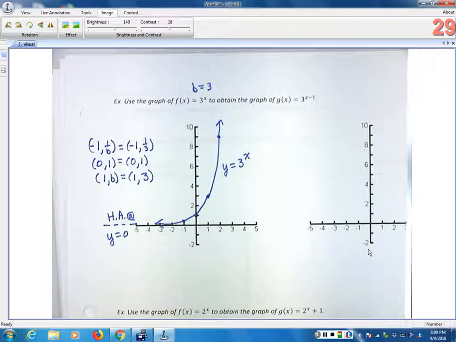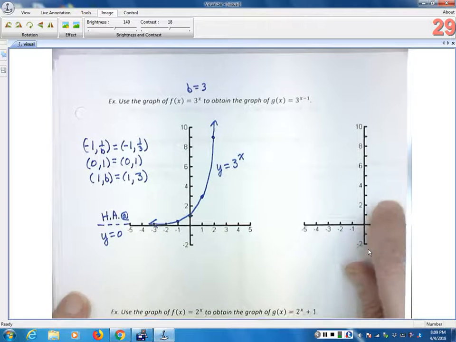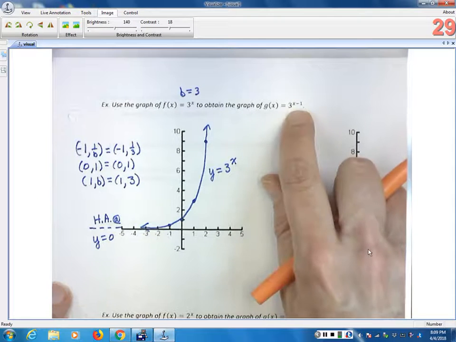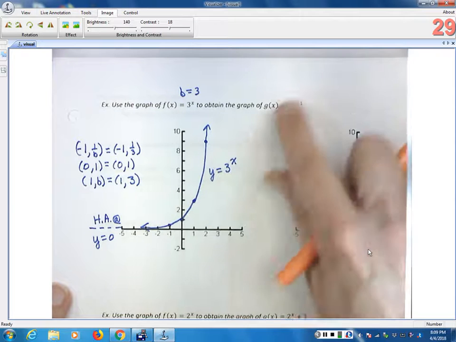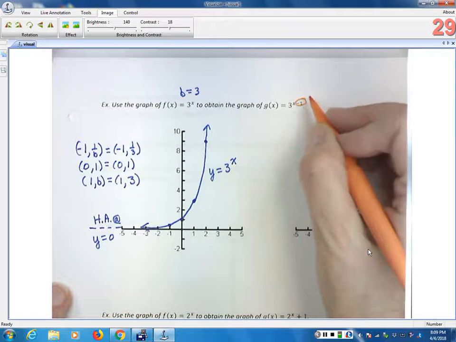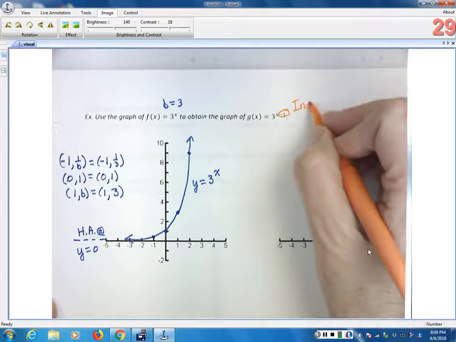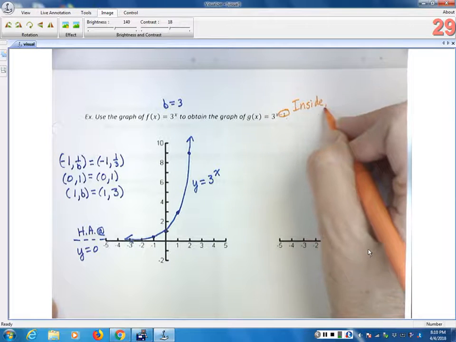So now let's do the graph of this. We're going to use this graph to make this one. So we're subtracting 1 and it's up in the exponent, so that's on the inside. It changes x.